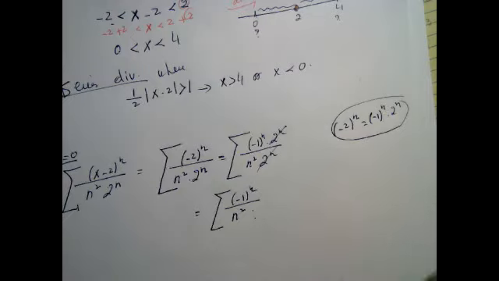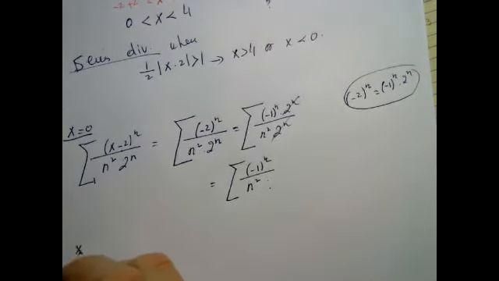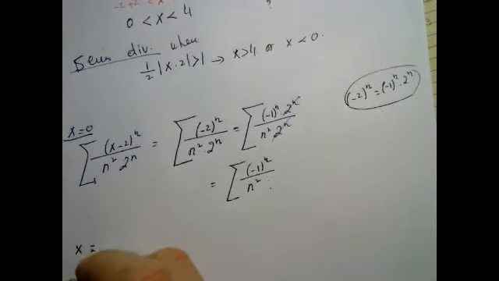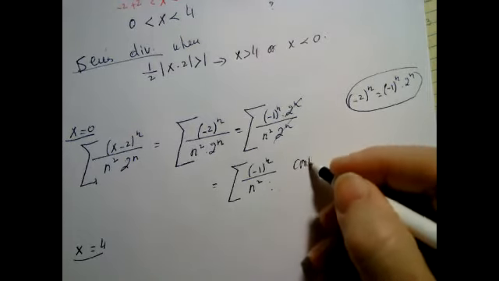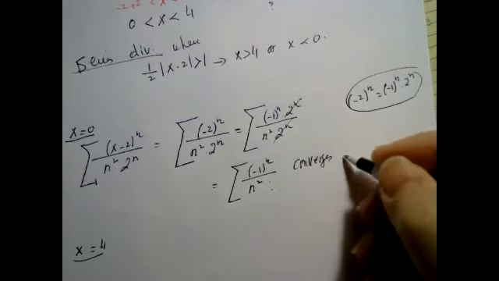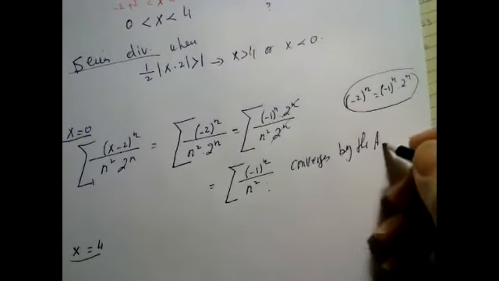So now we go back to what we know about numbers. Does this series converge or diverge? Quickly. I'm listening. Converge. Does it converge? Because? The alternating series test. Exactly. It converges by the alternating series test.